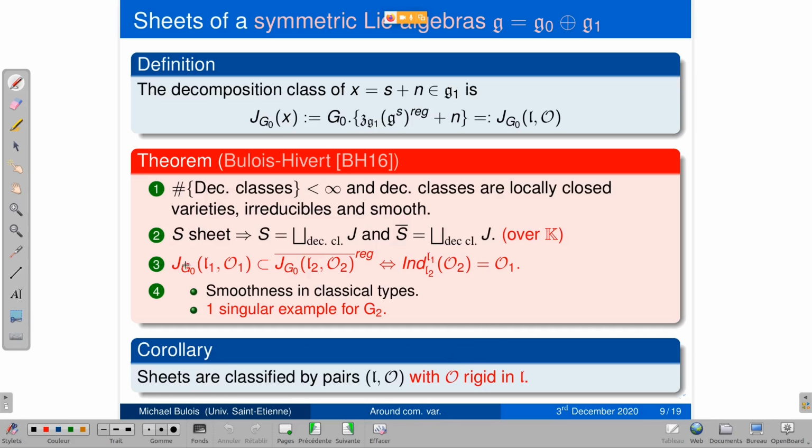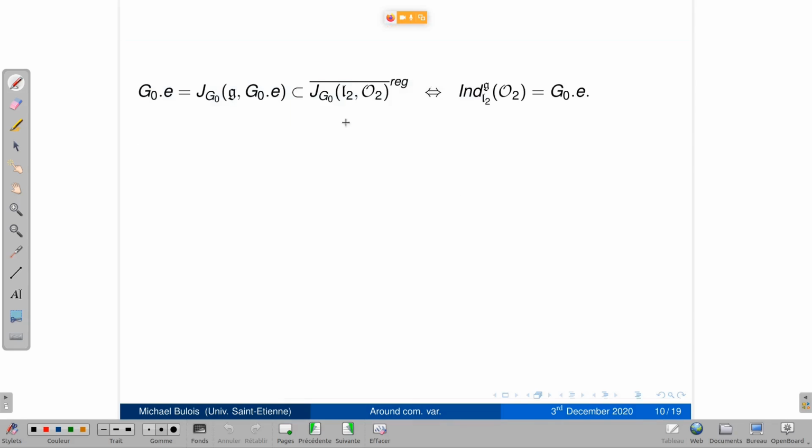And what I want to present to you is what this induction looks like. So I've written this here. Once again, the idea here is that L1 is just G. Things are written more easily in this setting.